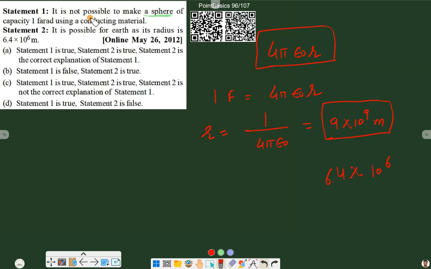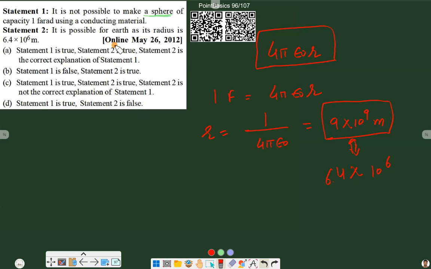So by comparing both of these, we can conclude that statement 2 is false. Now going to statement 1.